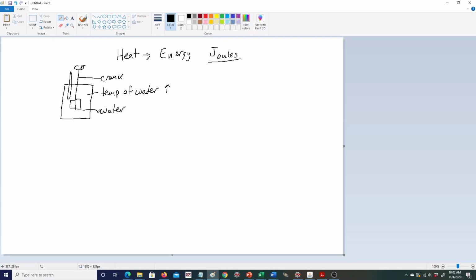Heat and energy are not exactly the same thing because not all energy involves heat, but heat is a form of energy.